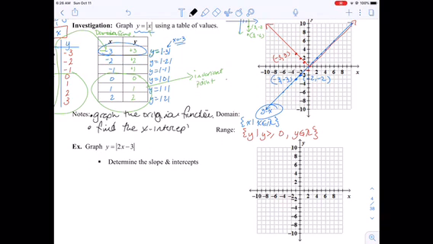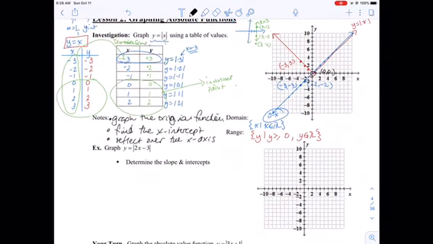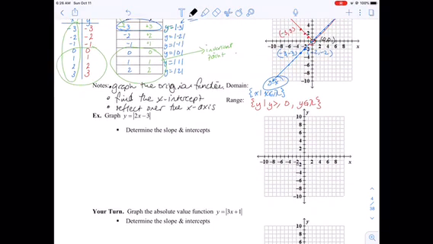And if you look at where the x-intercept is, the place where the graph reflected was right at 0, 0. And then we reflect over the x-axis. We reflect the negative y values over the x-axis. That's pretty much how we're going to do all of these.